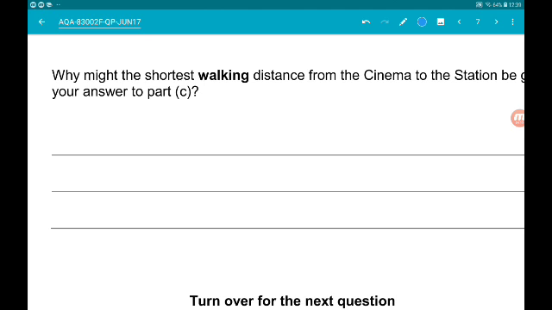In real life, you can't usually walk in a straight line from one place to another place, especially when they are that far apart. So it's likely that the walking route would involve corners and not a straight path. So the walking distance is going to be greater than the straight line distance.